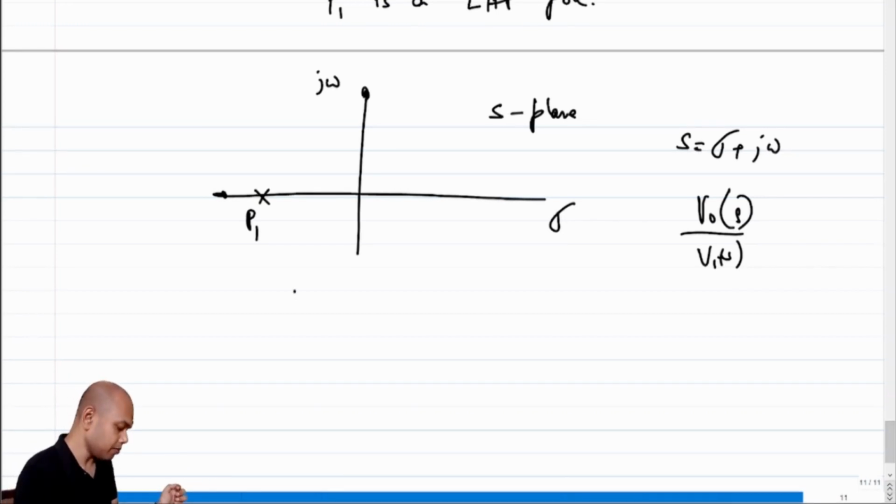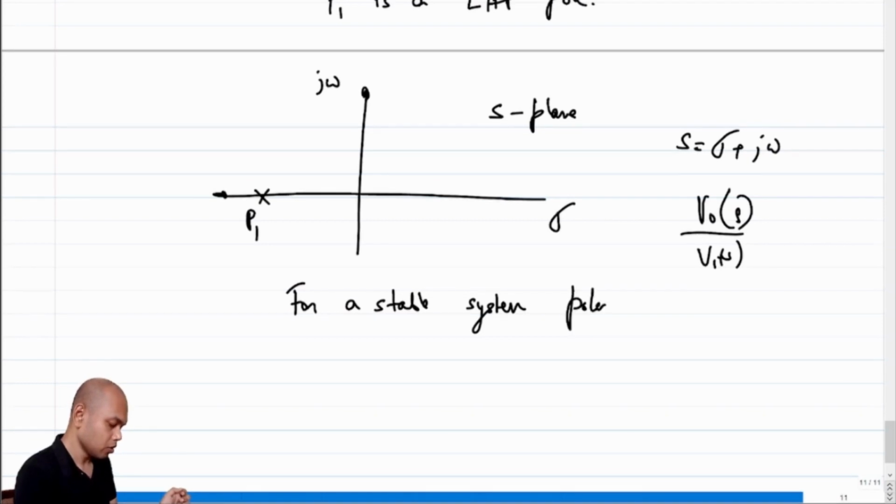For a stable system, poles must be in the left half plane, right? So pole has to be here.